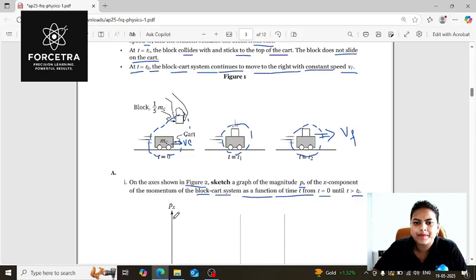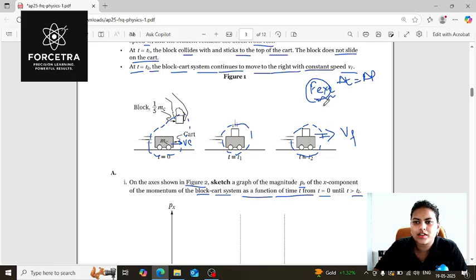So if we see the momentum at this point and the momentum at this final point, there is no external force. We know that F external times time is equal to the change in momentum. So there is no external force acting on the system. The system is the block and the cart, and there is no external force.